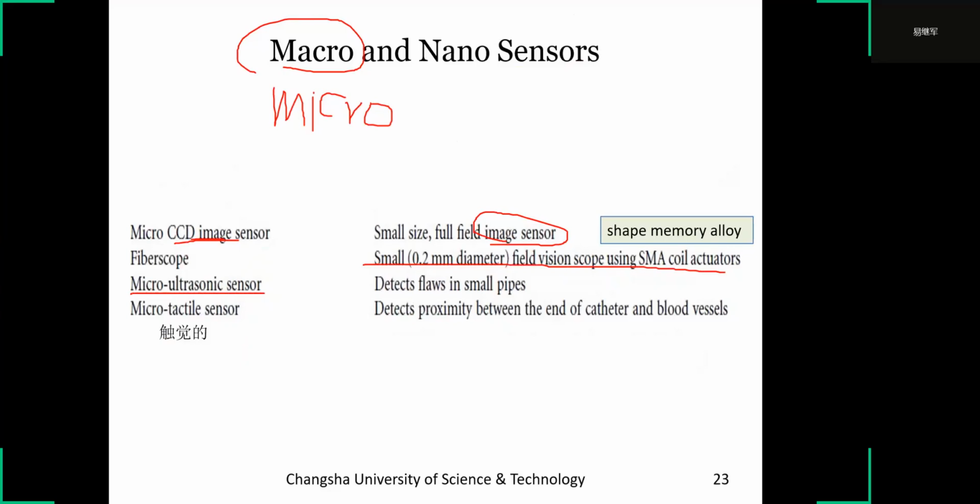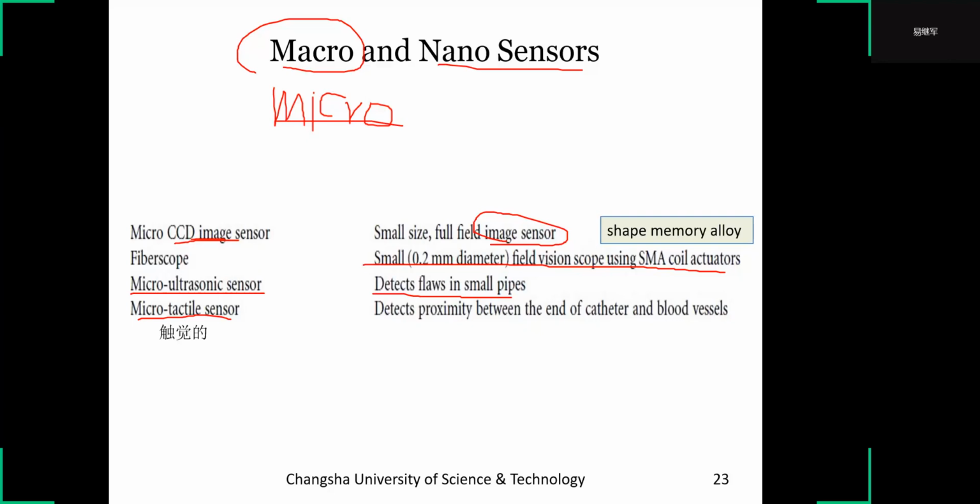Micro ultrasonic sensor detects flow in small pipes. Micro tactile sensor detects proximity between the end of a catheter and the blood vessels. Macro and nano sensors are used for very precise detection.